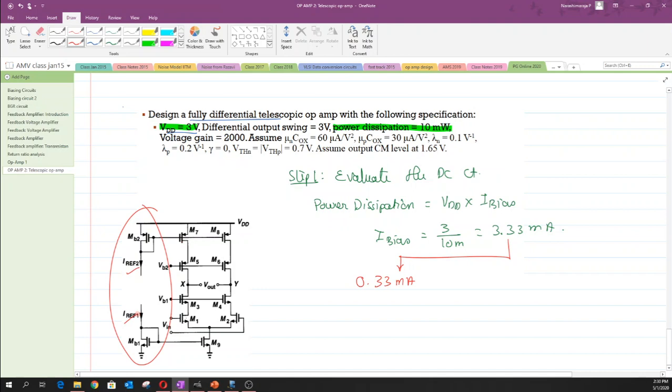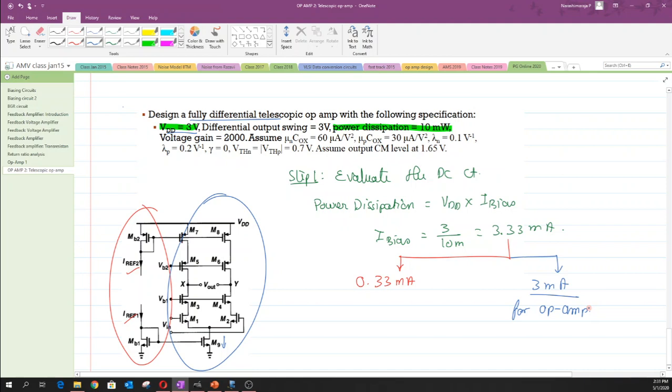And we will use the remaining 3 milliamperes of current to realize this entire structure. We assume that the entire 3 milliamperes of current is flowing through the M9 transistor, and that is what we have evaluated right now, used for the op amp circuit condition.